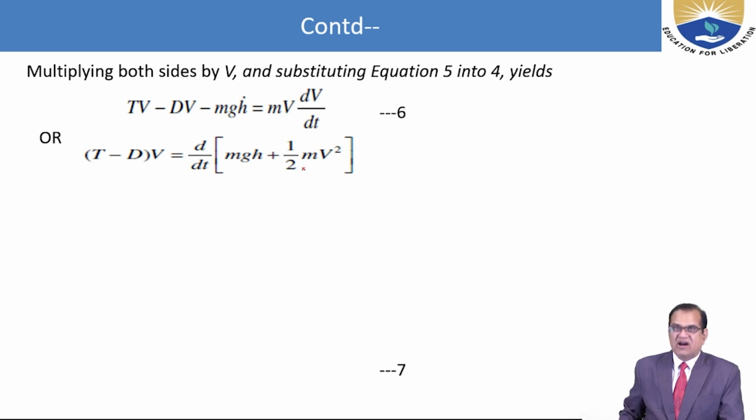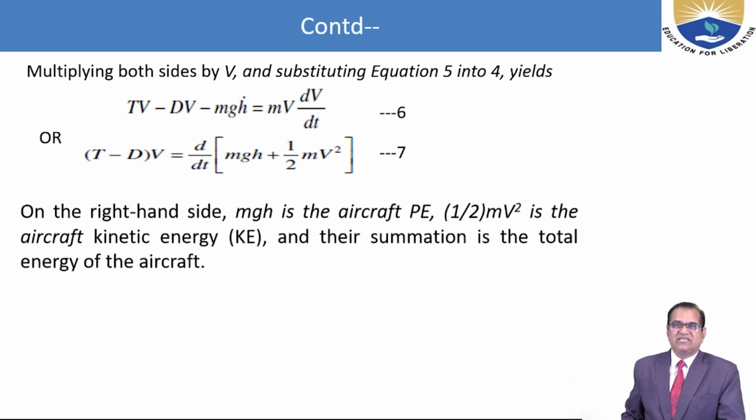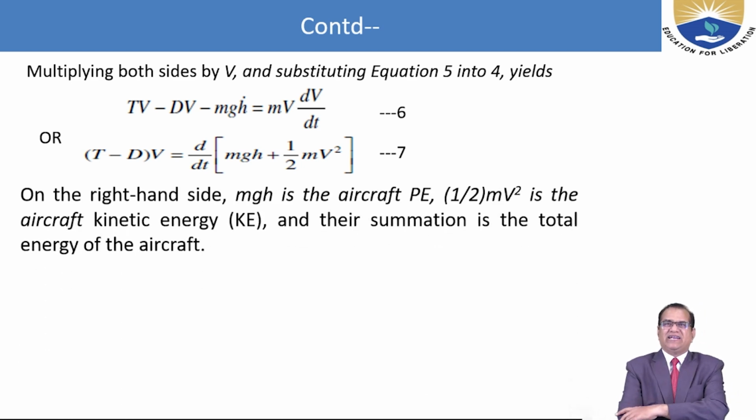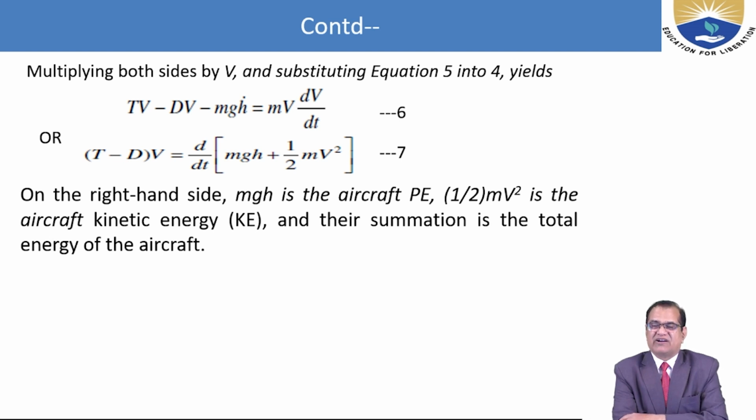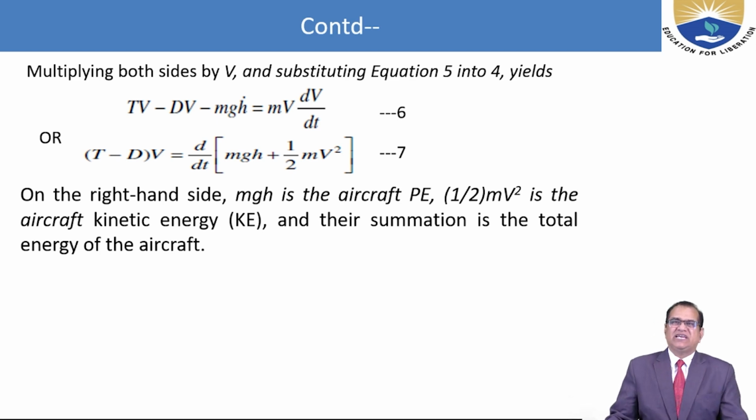So we got one equation, that (T minus D)V, this is called excess power, is equal to the summation of potential energy plus kinetic energy. On the right hand side, mgh is the aircraft potential energy and half mV square is the aircraft kinetic energy, KE, and their summation is the total energy of the aircraft.